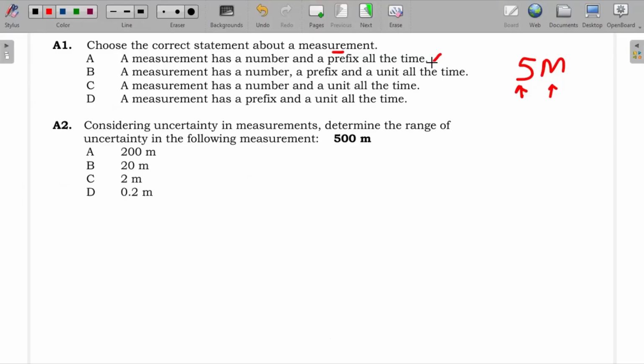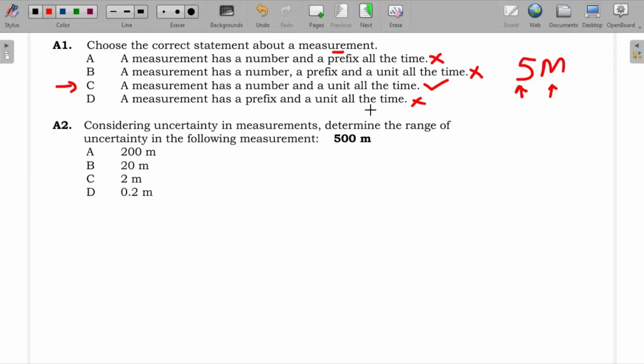No, the prefix is not all the time. It's just sometimes, when you are trying to simplify a number that is too big or too small, that we use prefixes. So even the options with a prefix can't be the answer. But check option C, which says a measurement has a number and a unit all the time, which is what we got from the definition. So the answer there is what?